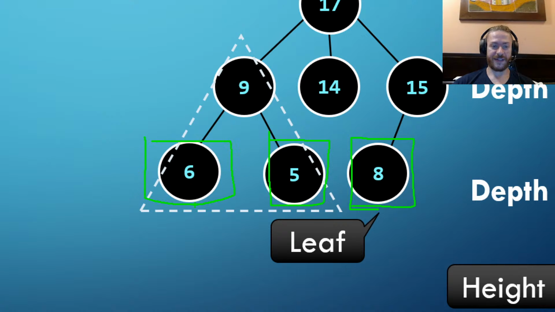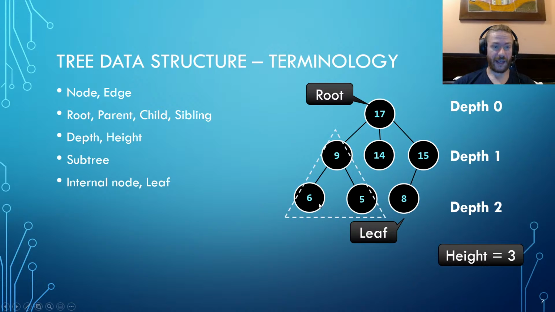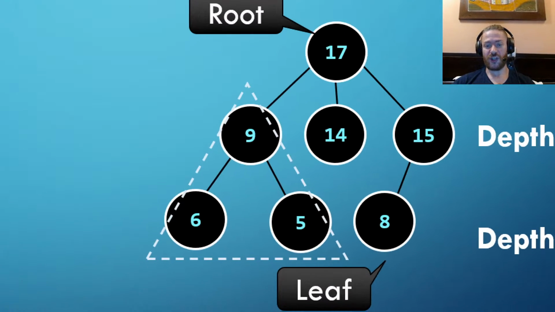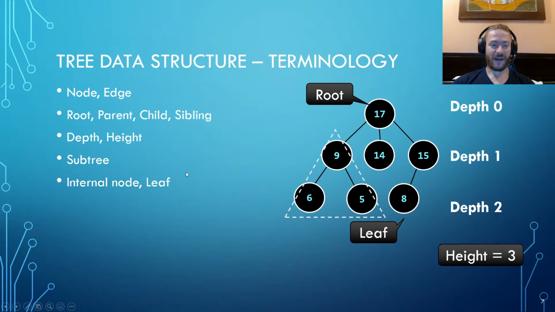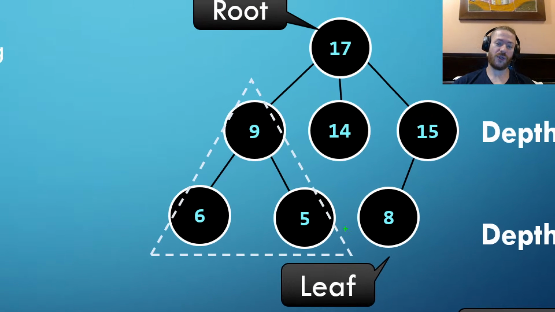In our case, these are 6, 5, 8, and 14. These are nodes without any children. So again, internal node is a node which has at least one child, for example 9, because 6 is its child, and a leaf is a node which doesn't have any children. It's at the end of the tree. It's at the last.